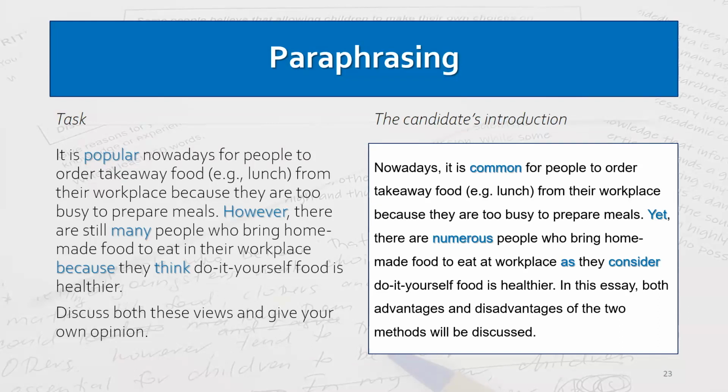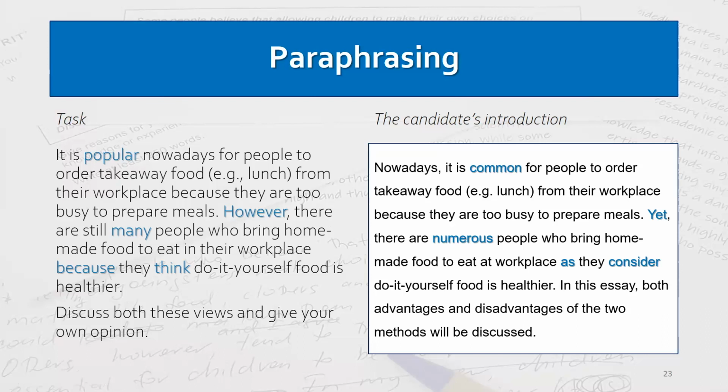Originally I've included an activity to help you practice paraphrasing. But I don't think we'll have time to do this. But don't worry, I'm trying to use this to show you how we can do paraphrasing. And this is a task about whether takeaway food or do-it-yourself food or homemade food would be a better choice.